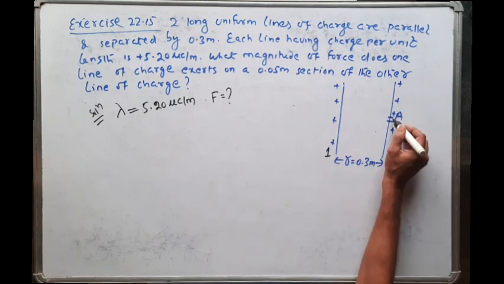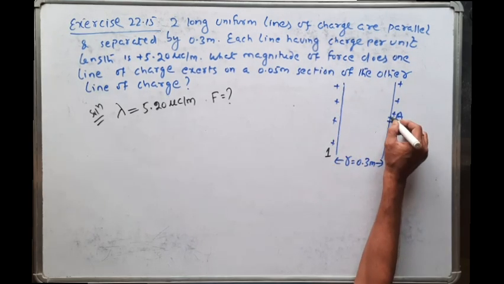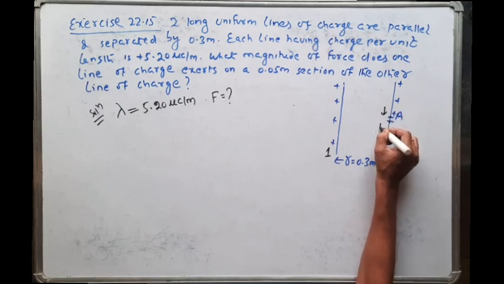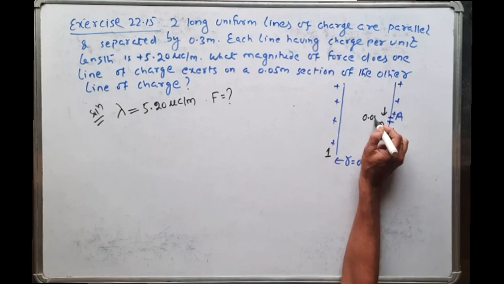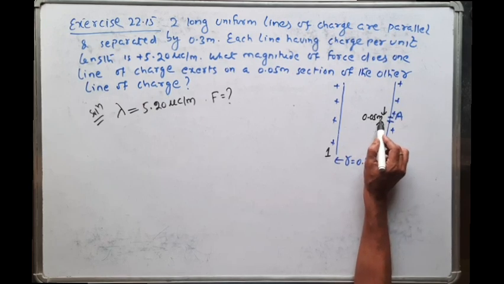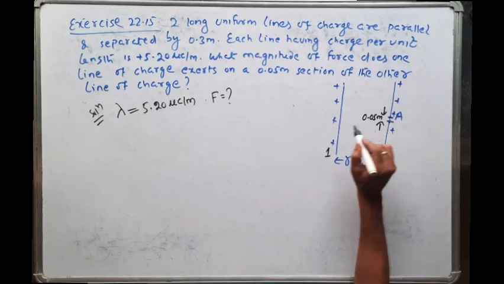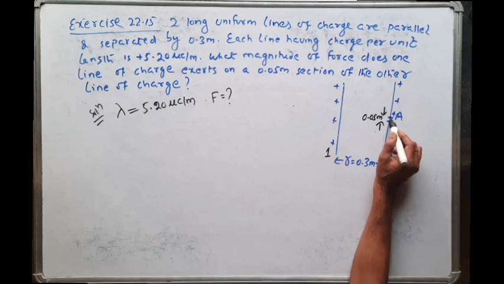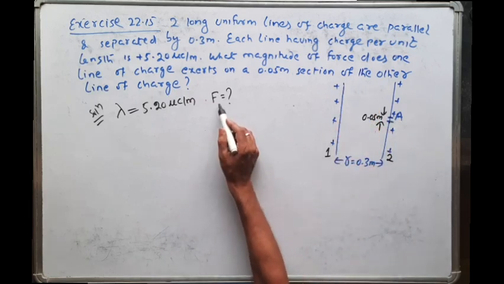We have to find the force by this first conductor on this section. What is the length of this section? The length of the section is 0.05 meter. So on this very small section, 0.05 meter of this linear conductor, we have to find what force will be exerted on this charge due to the first conductor. Okay, so we have to find that force.